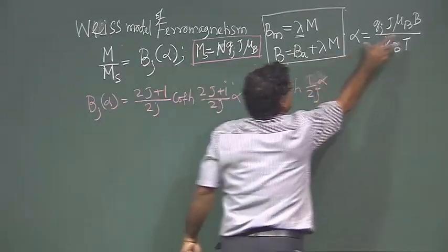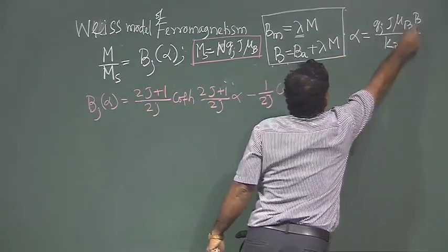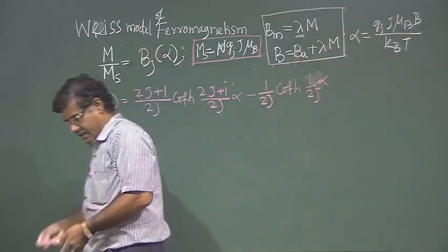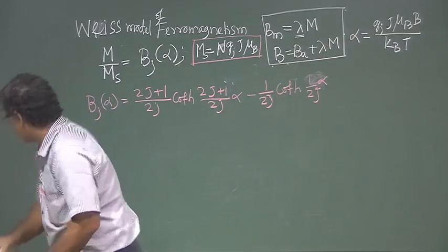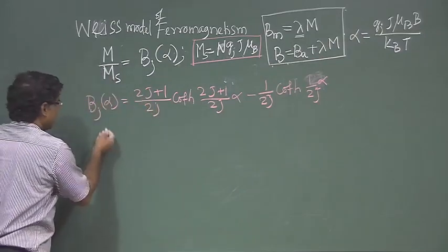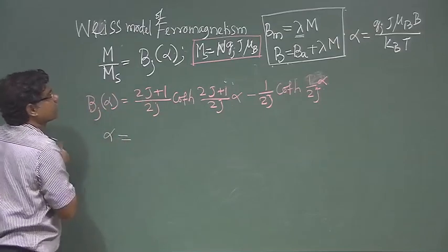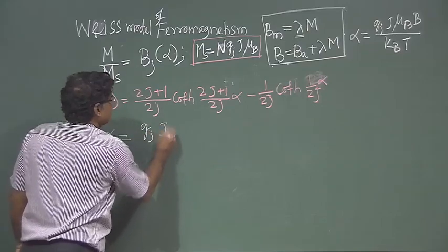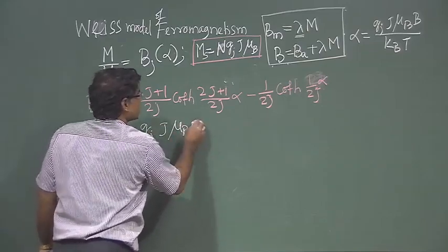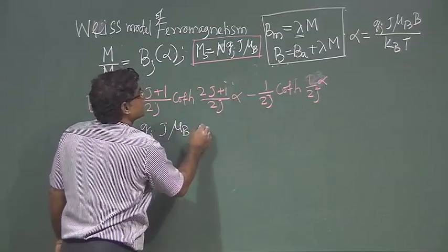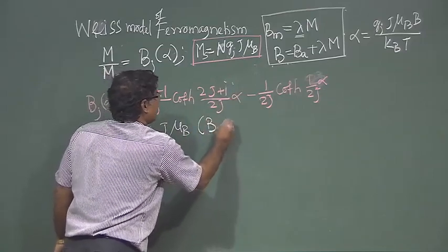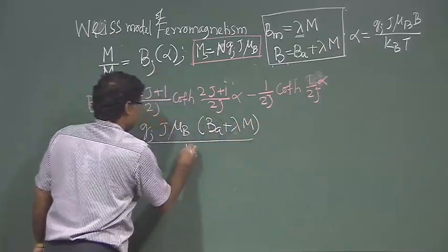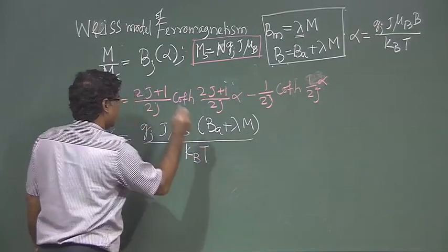Now, as I mentioned, if I replace this B by this, then it is the Weiss model. So alpha in case of ferromagnetic material equals Gj J mu B, where B will be replaced by B_A plus lambda M, divided by kBT, right.